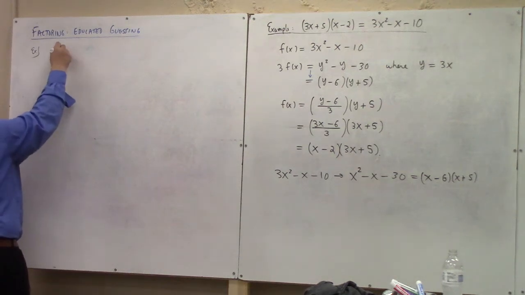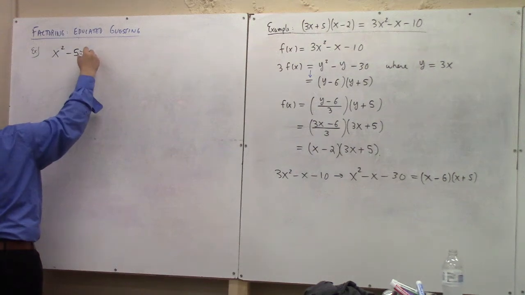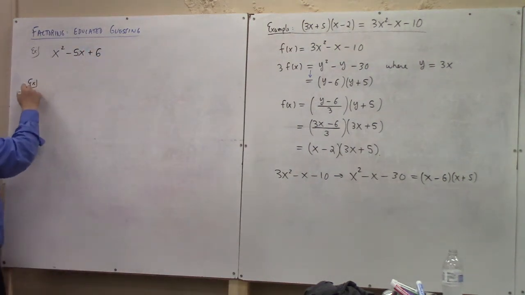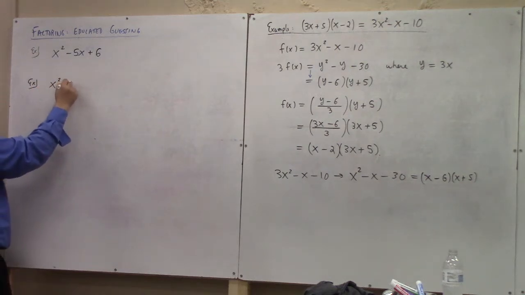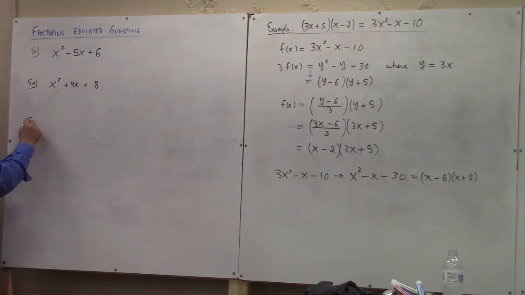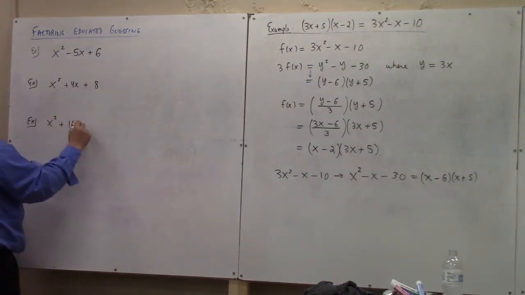How about x squared minus 5x plus 6? Or x squared plus 4x plus 8? Or x squared plus 16x plus 2?